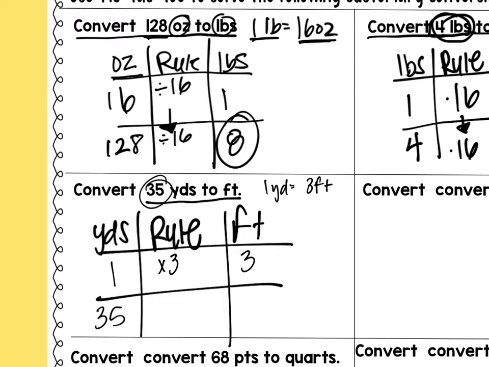So 1 times 3 equals 3. If I do it to the top, I have to do it to the bottom. So 35 times 3 is 105. So there are 105 feet in 35 yards.